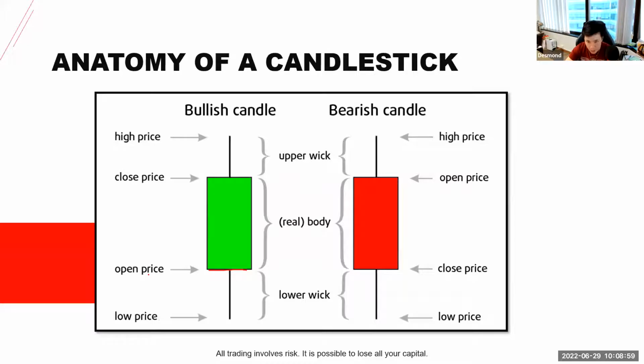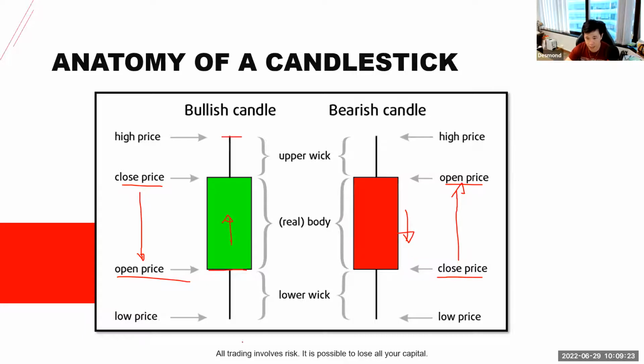This is the open price. When the closing price is above the open price, that's where you get a green candlestick. If the closing price is below the open price, as you can see over here, that's where you get a red candlestick, showing that it's a bearish candlestick.